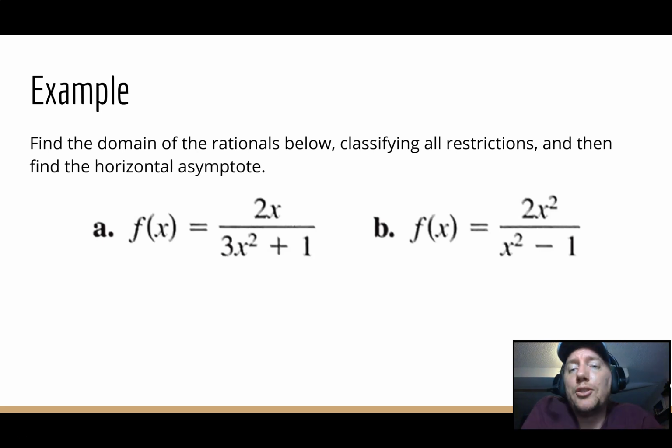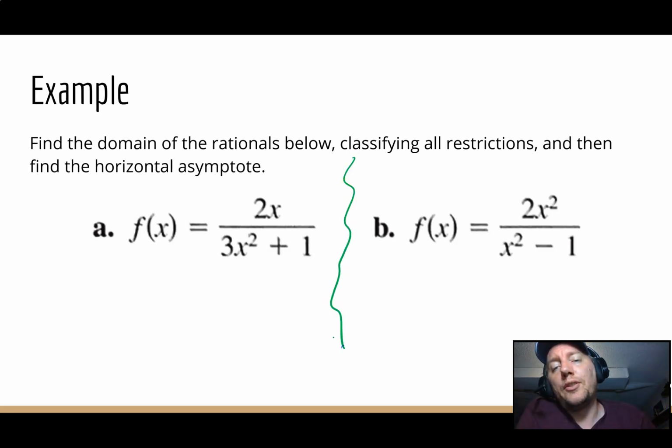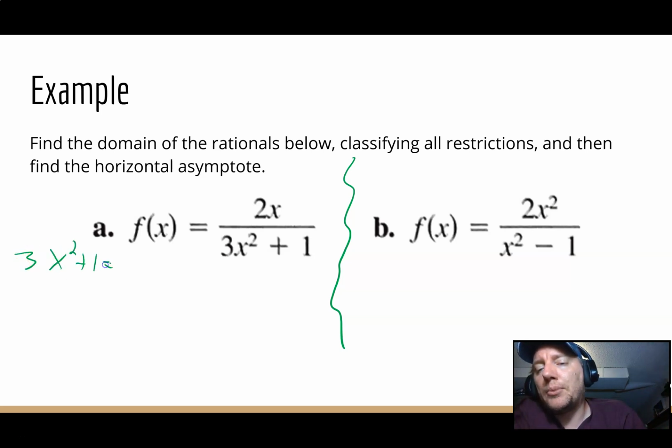Okay, so the domain, classify the restrictions, and find the horizontal asymptote. So of the first one, let's see, the domain, well, if I'm unsure, I can set the bottom equal to 0.